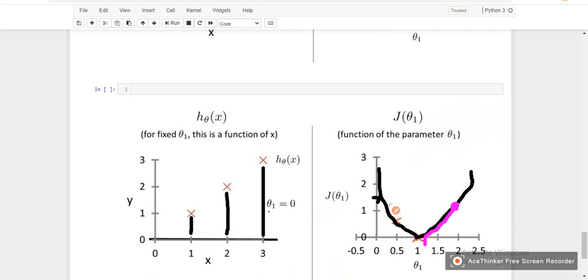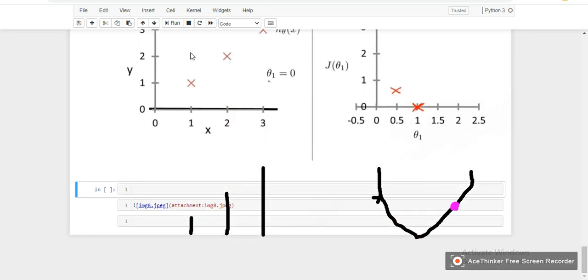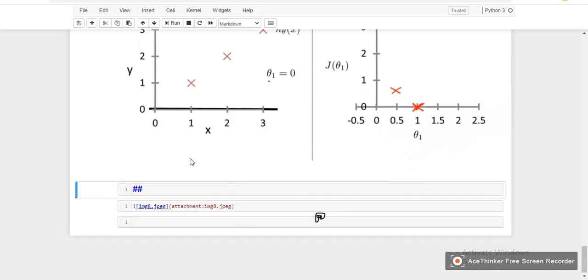For that we need a technique called gradient descent. Let us discuss that. Let us see what gradient descent is.